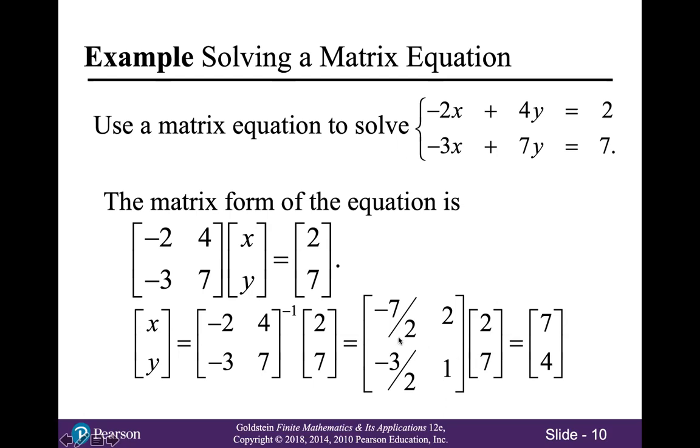Multiplying these two matrices together, you get -7/2 times 2, which is -7, plus 2 times 7, which is 14. -7 plus 14 is 7. -3/2 times 2 is -3, plus 1 times 7 is 7. -3 plus 7 is 4. So the solution of this system is X equals 7, Y equals 4.